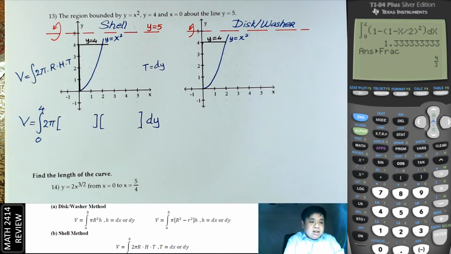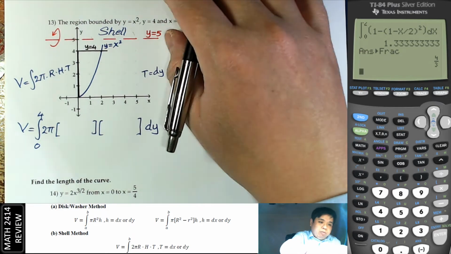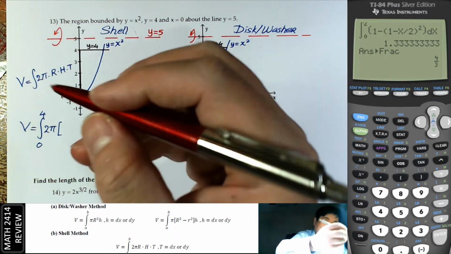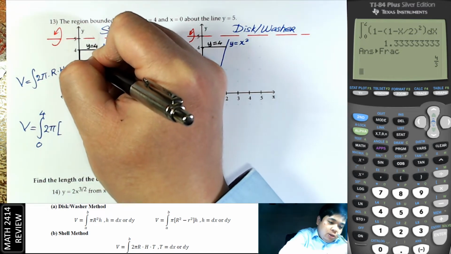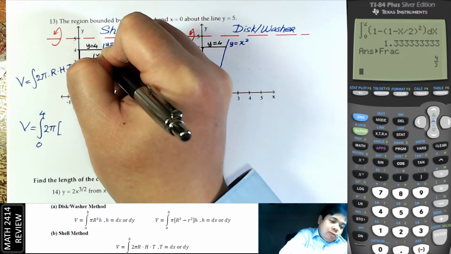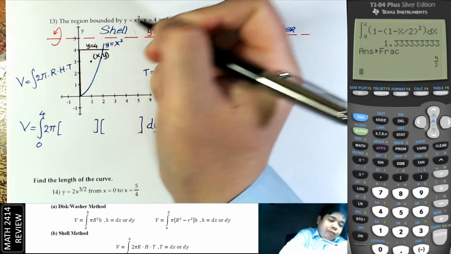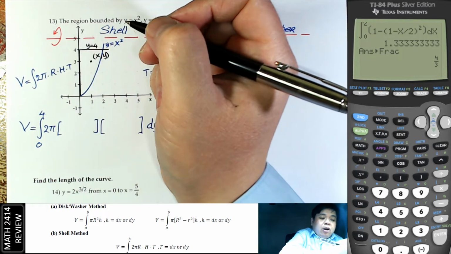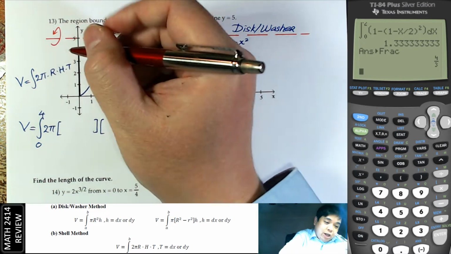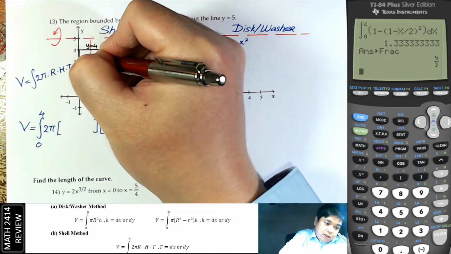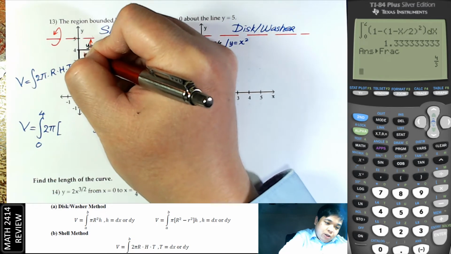Right, next, the r, the radius. The radius is just a distance from a point. I pick any generic point, and r is the distance from the axis of rotation to that point. So we're looking for this, which is r.